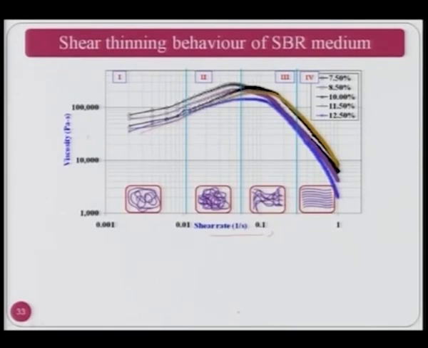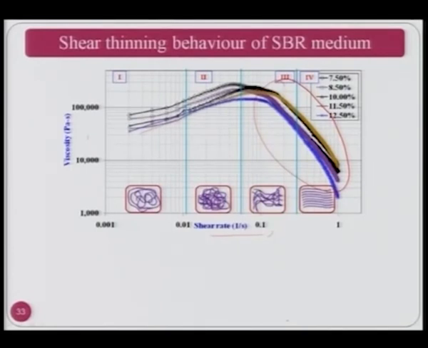You can see that the increase of the shear rate increases the viscosity, but beyond a certain value of the shear rate it starts decreasing. That means shear thinning behavior starts taking place in this region, and this is able to explain many experimental results obtained in case of abrasive flow finishing as well as rotary abrasive flow finishing.